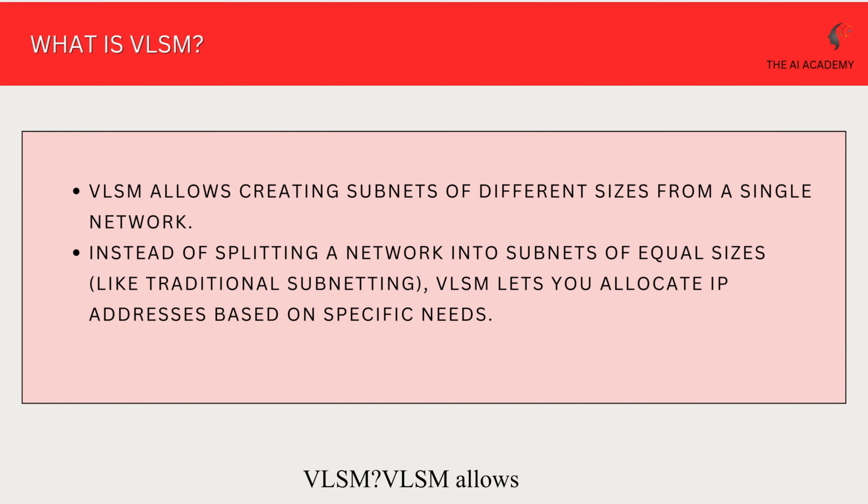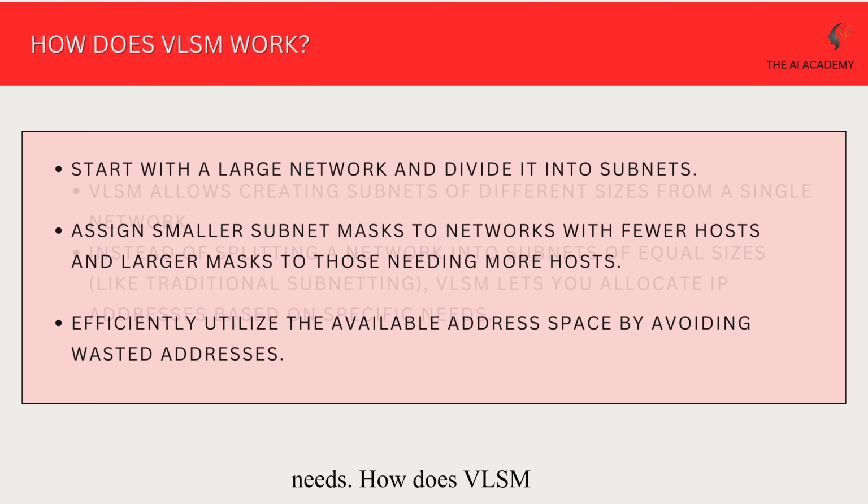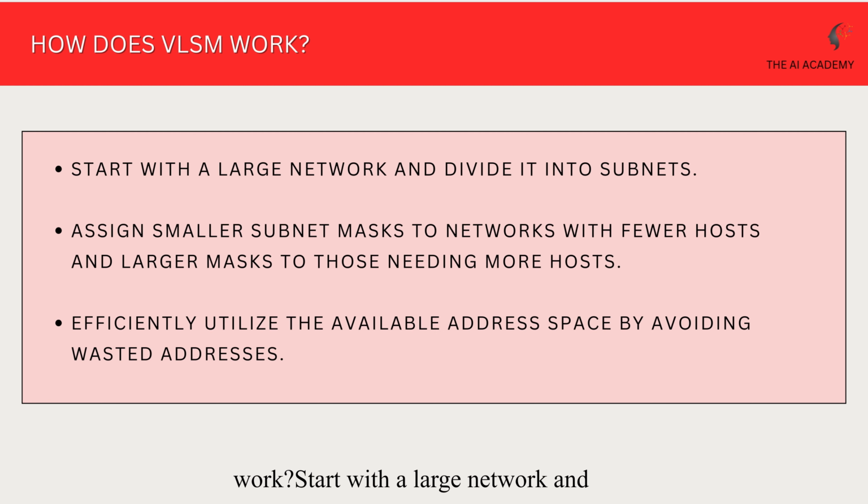What is VLSM? VLSM allows creating subnets of different sizes from a single network. Instead of splitting a network into subnets of equal sizes, like traditional subnetting, VLSM lets you allocate IP addresses based on specific needs. How does VLSM work? Start with a large network and divide it into subnets.